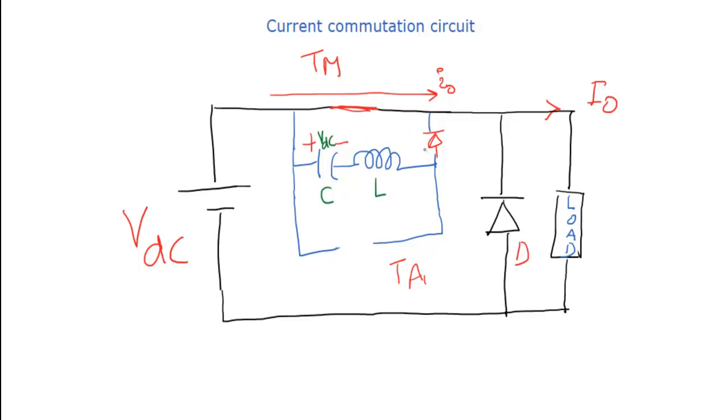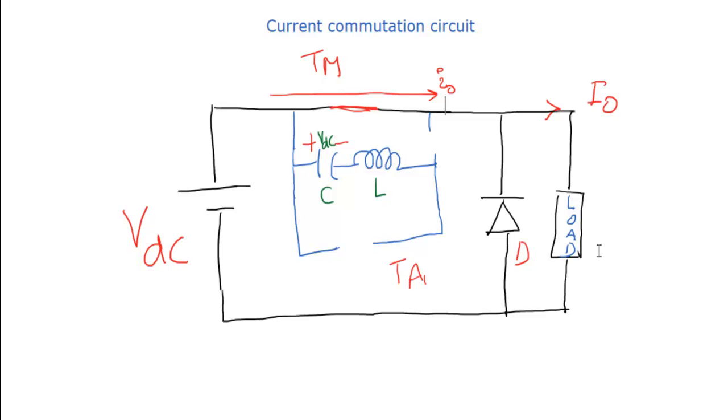That means it is still open circuited, so there is still no path to discharge the capacitor. The capacitor voltage remains the same. Nothing is happening in the commutation circuit. The only thing is that the source is supplying power to the load.